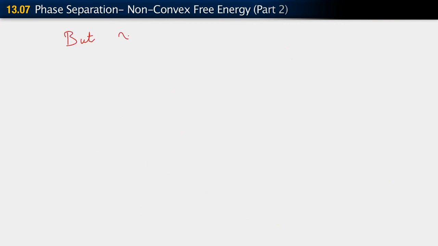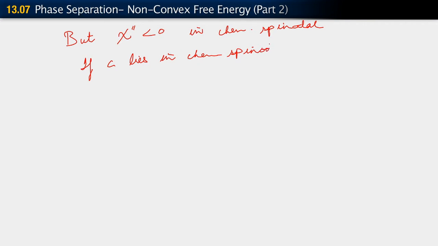But now we have chi double prime less than 0 in the region of the chemical spinodal. So it means that if concentration lies in this chemical spinodal, here's what happens. You start out with a concentration with a slight bump, like there.